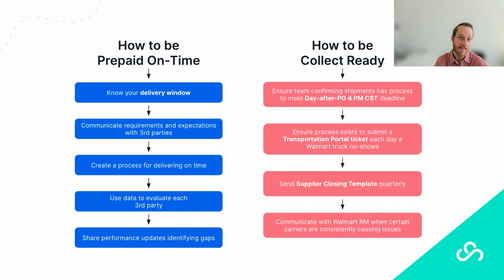And if you schedule a pickup and Walmart's trucks do not arrive, which does happen, the process they prescribe to suppliers is to fill out a transportation portal ticket to basically notify Walmart that a truck has not arrived. That's their suggested practice for notifying Walmart when this happens.